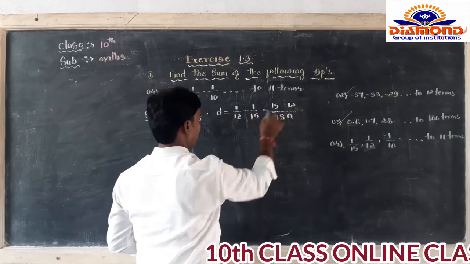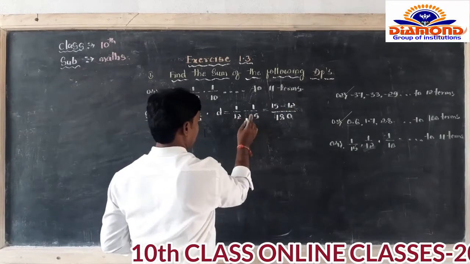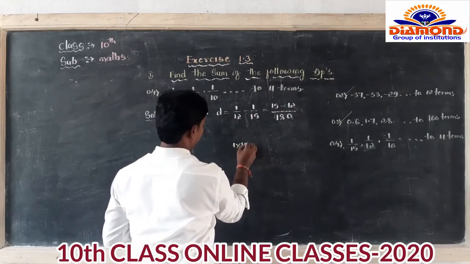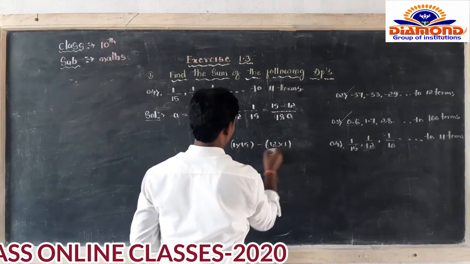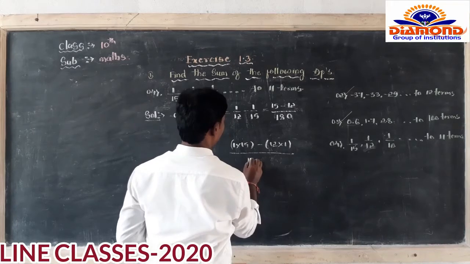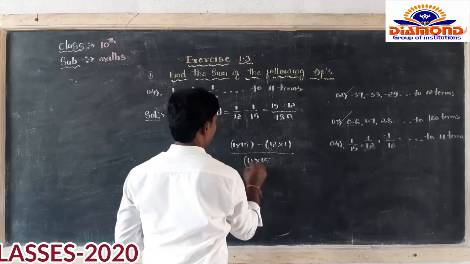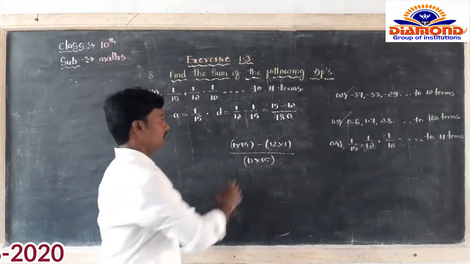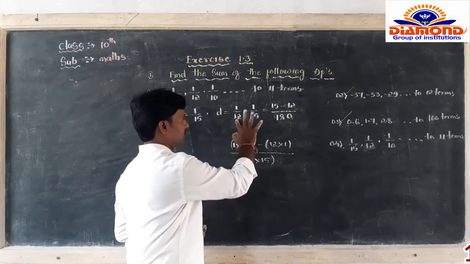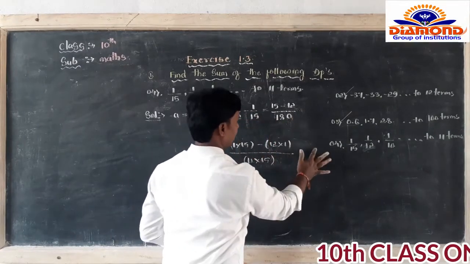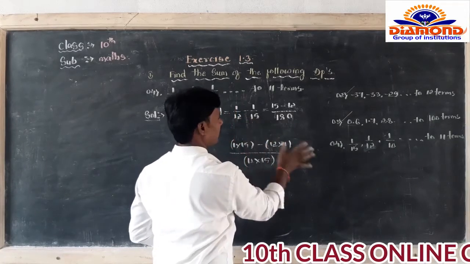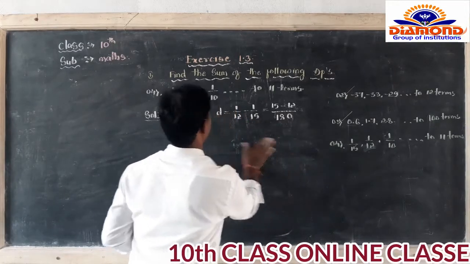12 ones are 12. Next, here 1 into 15 multiply, minus 12 into 1 multiply, and below 12 into 15 multiply. Did you understand? So 15 into 1 minus 12 into 1 and 12 into 15. 12 5s are 60, carry 6. 12 ones are 12. 12 plus 6 is equal to 18, dear students.